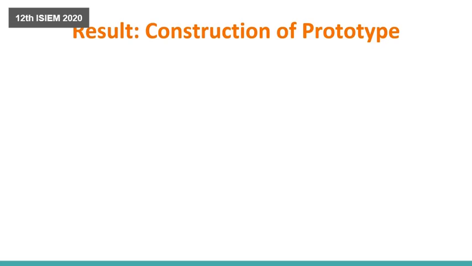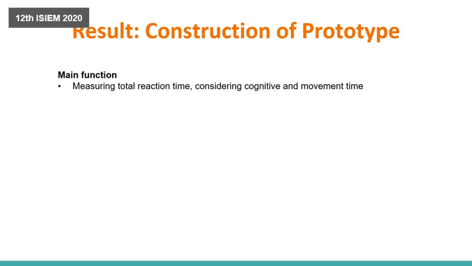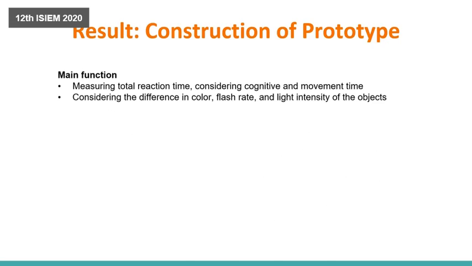After we build the concept, we make a construction. The main function of the device is to measure total reaction time, but still considering cognitive time and movement time. And the device should consider the difference in color, flash rate, and light intensity of the object.